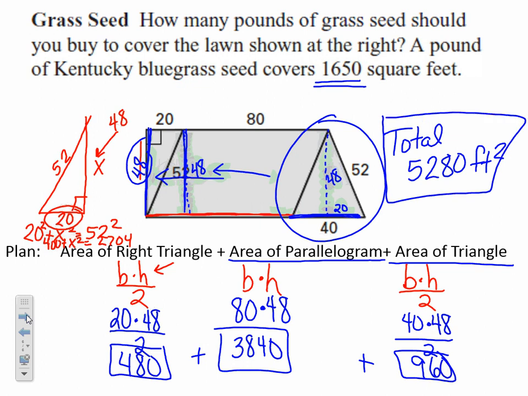We would take that number and divide it by 1,650, and it tells me that I have to buy at least 3.2 pounds of seed.